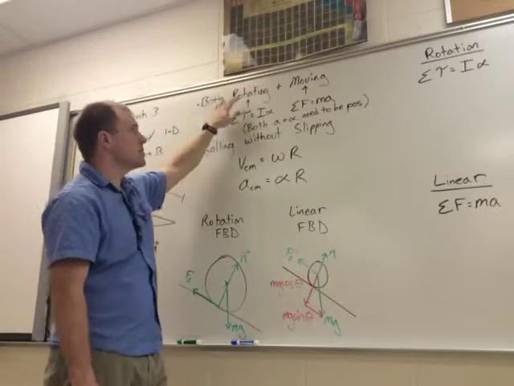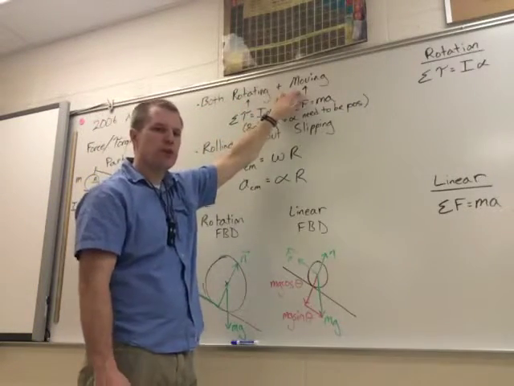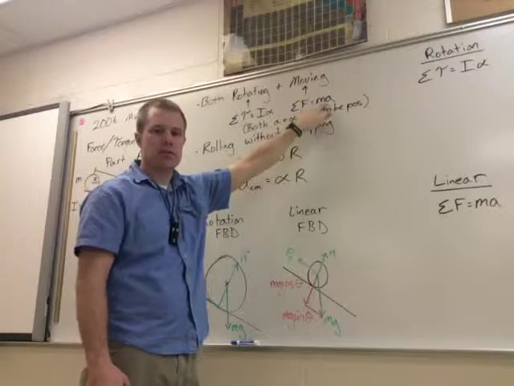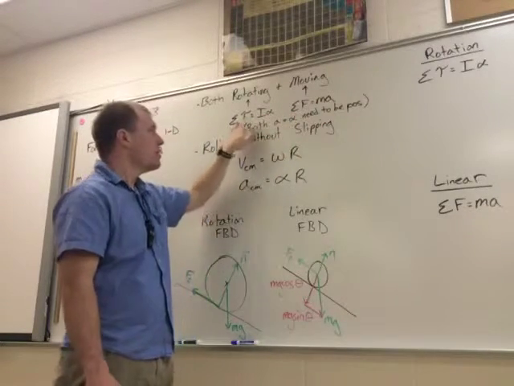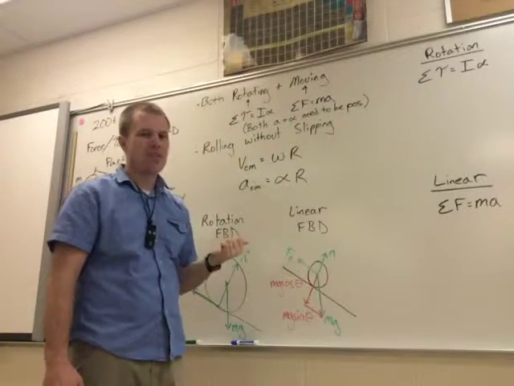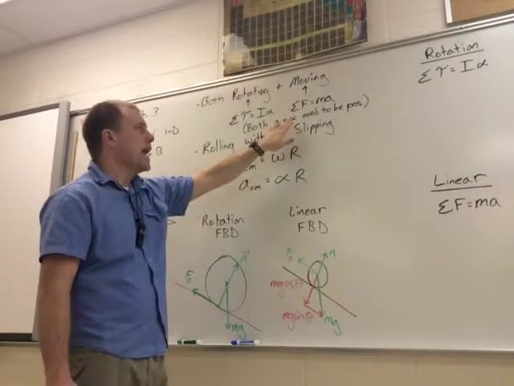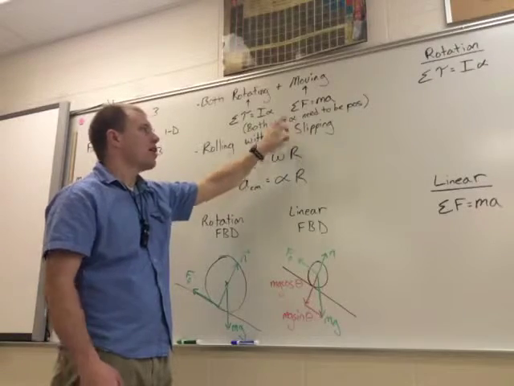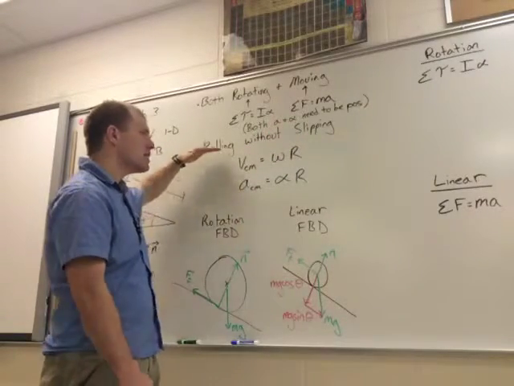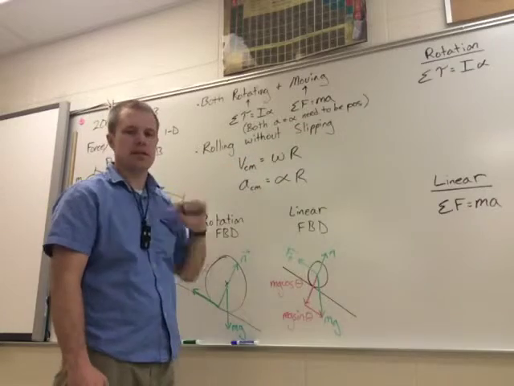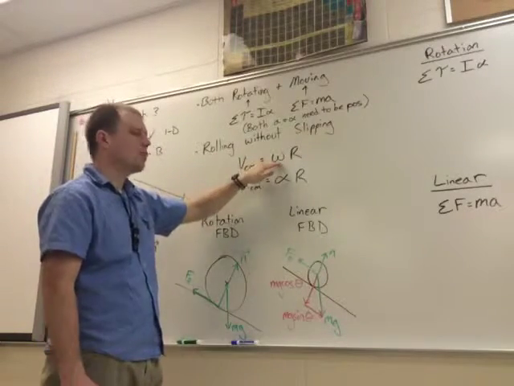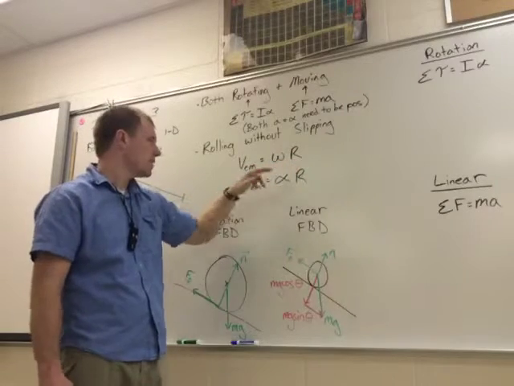Because the object is both rotating and moving, I'm going to do both a torque equation and a force equation. With these two equations, we're going to have some common themes, namely the angular acceleration and the linear acceleration of the center of mass are going to be related, and that's because it's rolling without slipping. So the velocity of the center of mass is going to be equal to omega times the radius of the object.